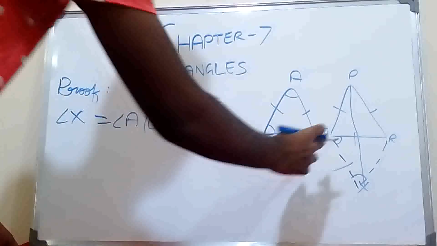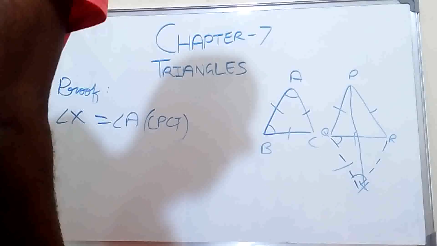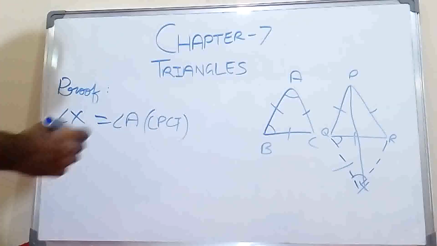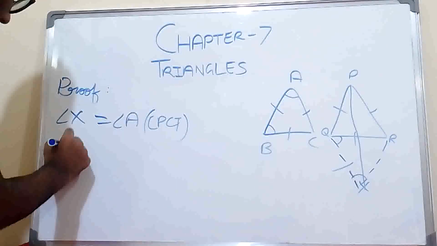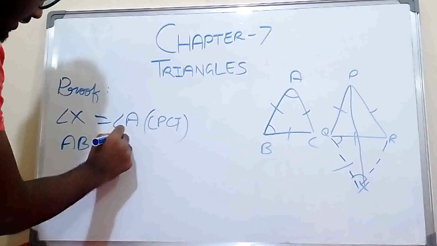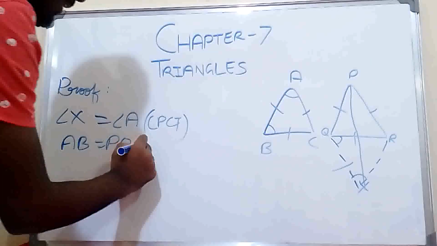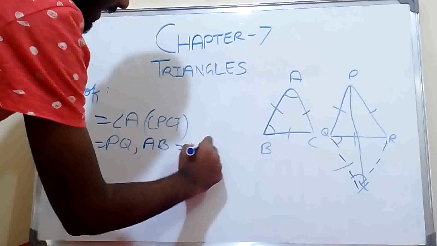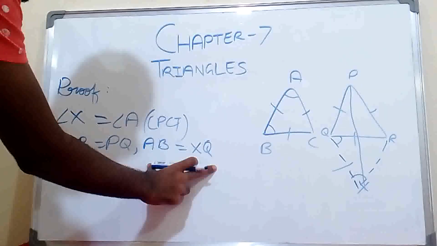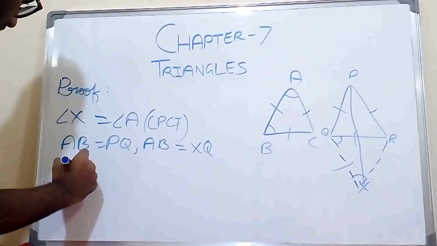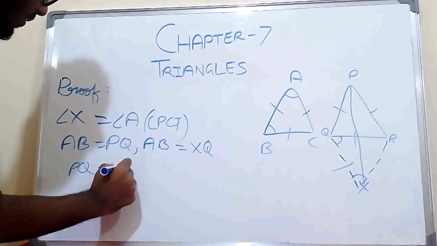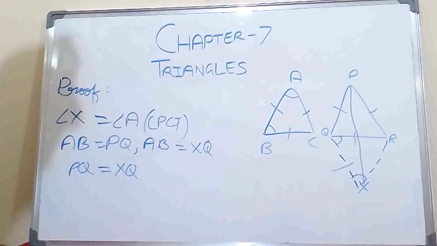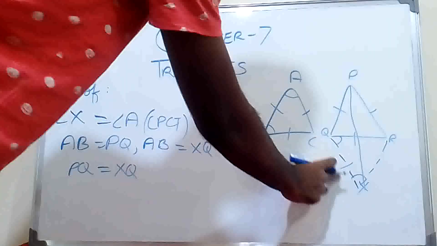So we know that AB is equal to PQ, and we also know that AB is equal to XQ, because we constructed this and this was given to us, which means that PQ is equal to XQ, which means that this is equal to this.